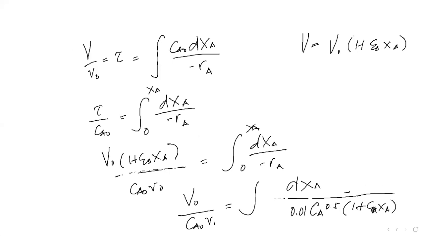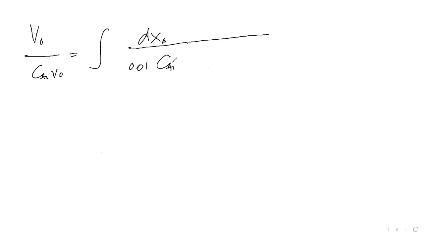Again, you will have a problem with CA raised to 0.5, but no problem because you can convert it in terms of epsilon A and XA. So let's have another slide. You have V over CAO v sub O equal to the integral of dXA. Now you have 0.01 and your CA will be CAO raised to 0.5, 1 minus XA raised to 0.5, all over 1 plus epsilon A XA raised to 0.5.